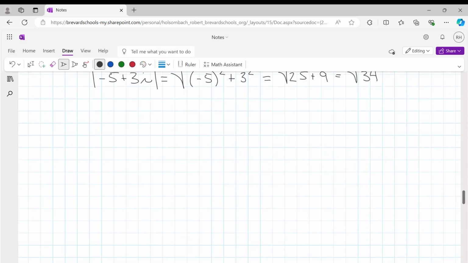All right, so if we're going to graph and find the absolute value of, let's go with 5 minus 2i. All right, 5 minus 2i, we draw our coordinate plane.